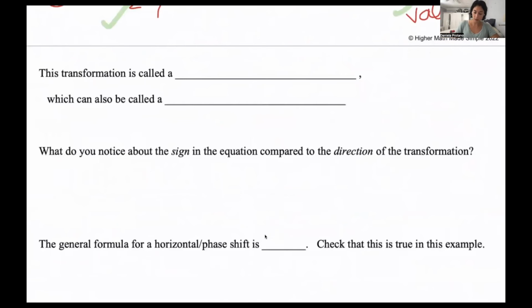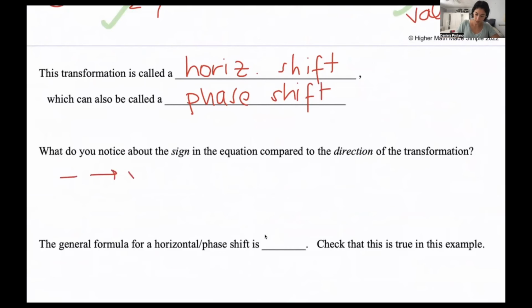So this, as we said before, I'll abbreviate here. This could be a horizontal shift, which can also be called a phase shift. And the sign here was a minus, and that means we went to the right. And so again, it's going to be the opposite direction of what we would naturally think.